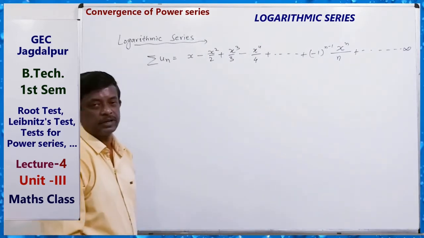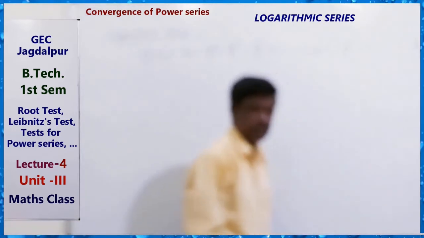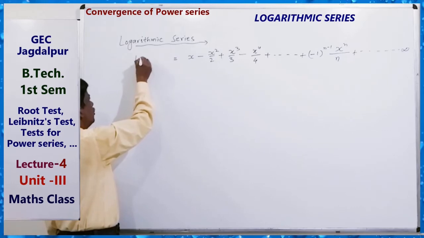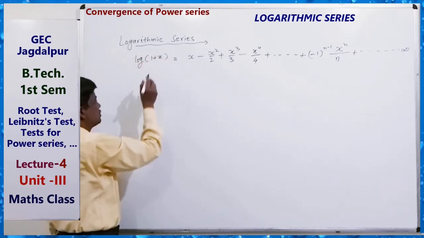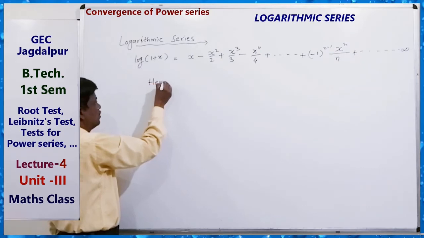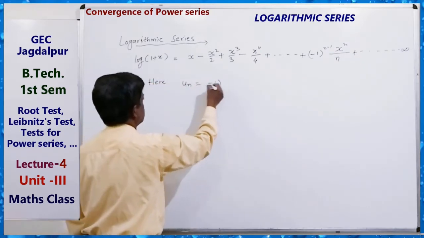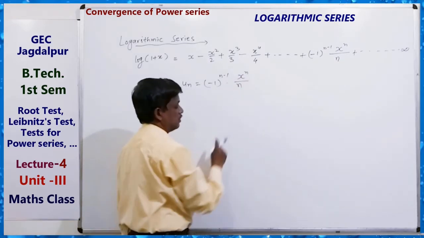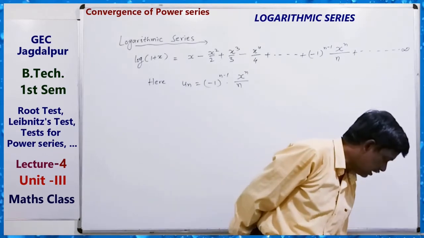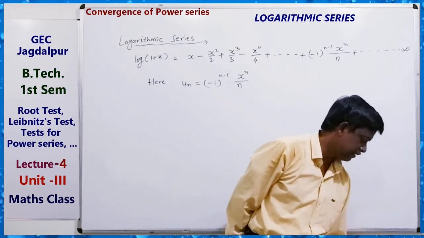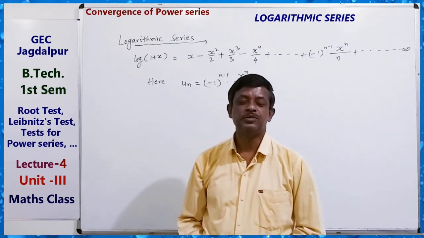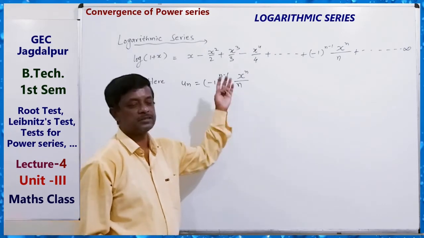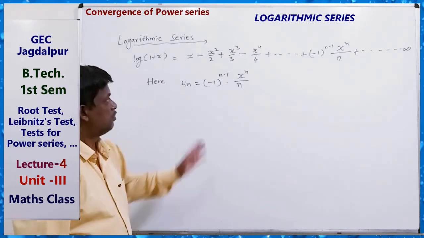Logarithmic series. Okay, so here log 1 plus x, you can write it like this. Here u(n) equals what? Minus 1 to the power n minus 1 into x to the power n upon n. So now the test for finding the values of x for which this is convergent, as a power series.